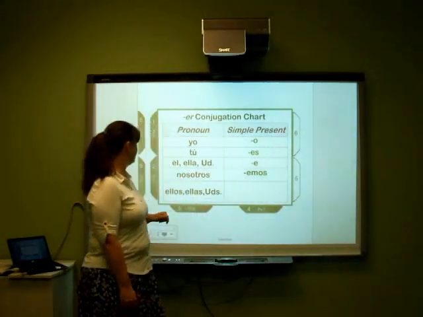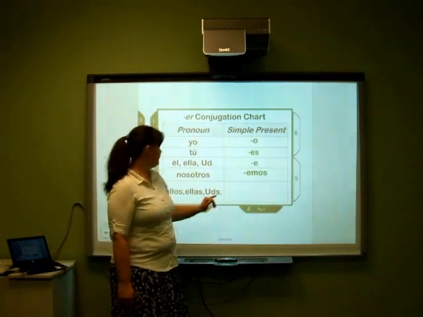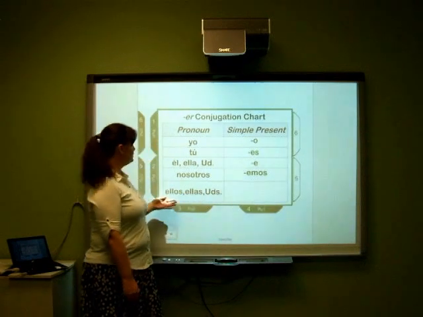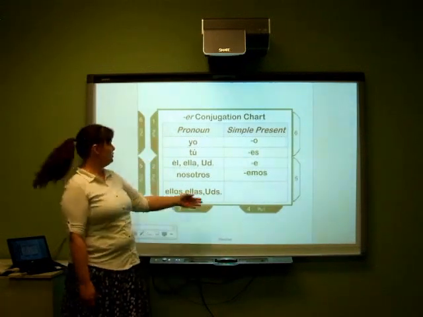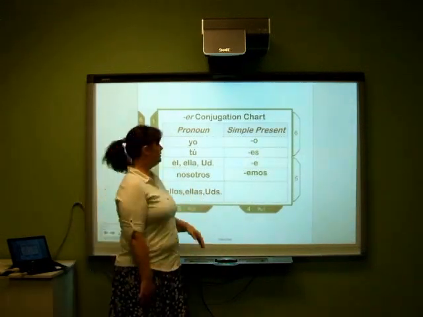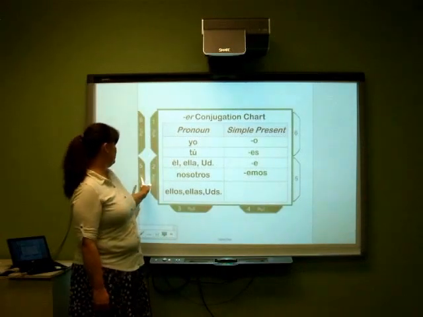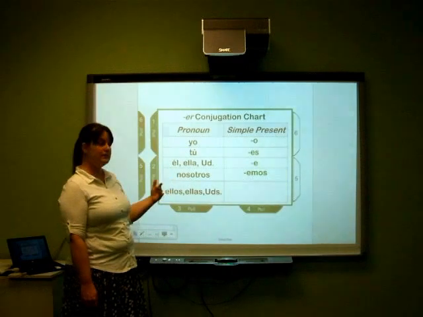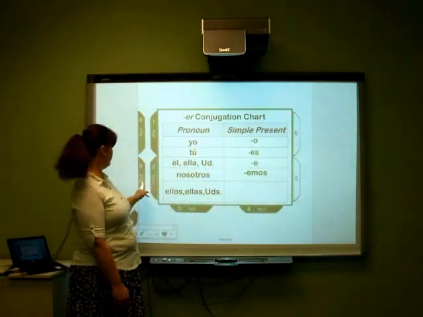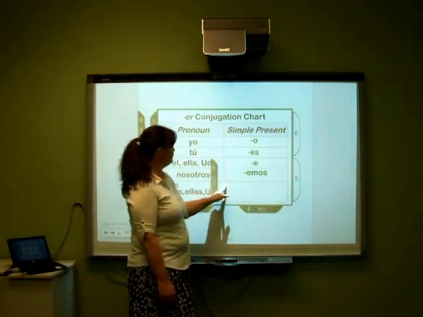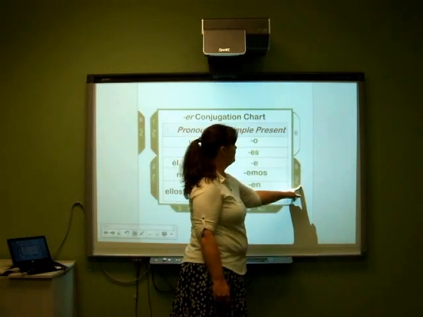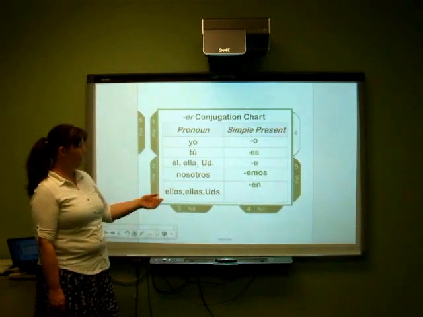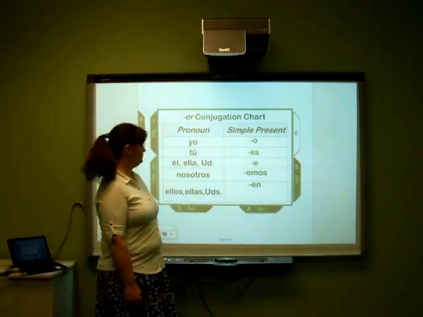And finally, for the ellos, ellas, ustedes form of the verb, remember ellos, ellas means they, ustedes means you, plural. You would drop the ER off the end of comer or any other ER infinitive verb, and add en. Comen, beben, tejen.